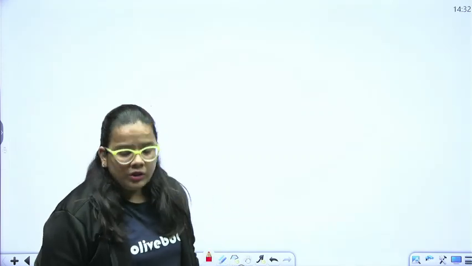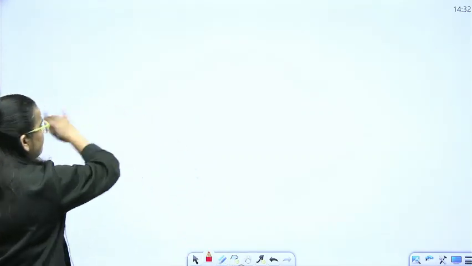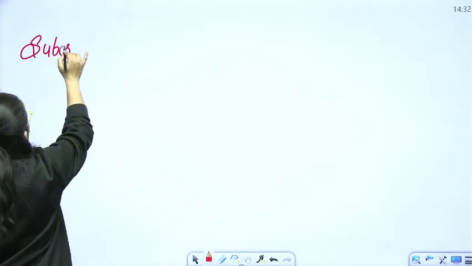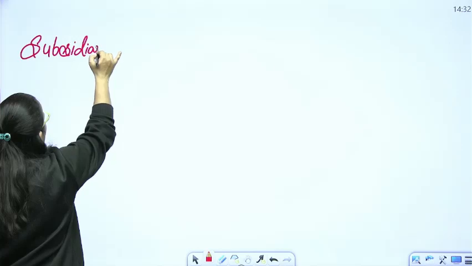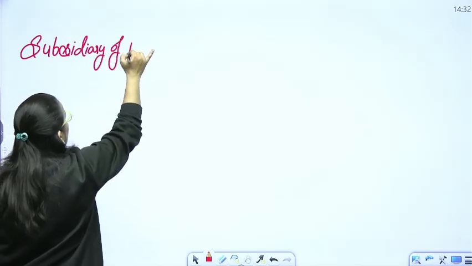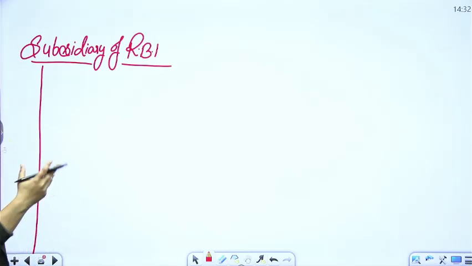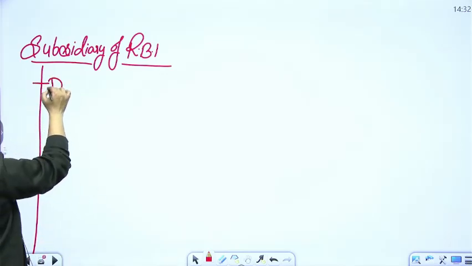Okay, so the subsidiaries of RBI, like the branches of RBI, we can call it. First is DICGC.